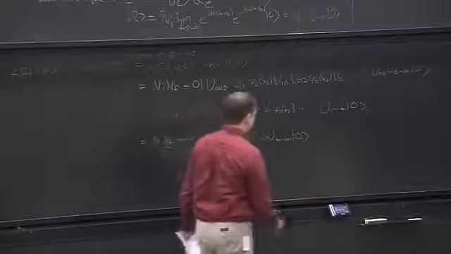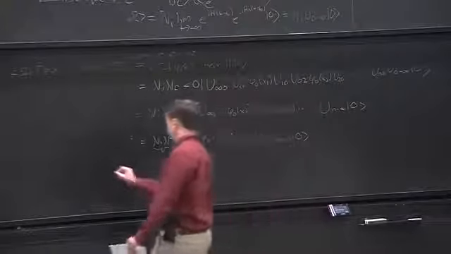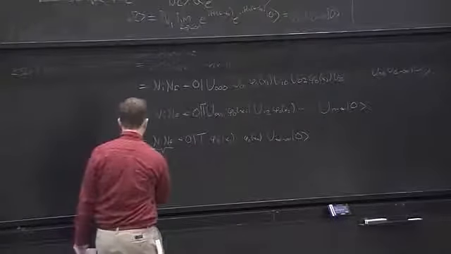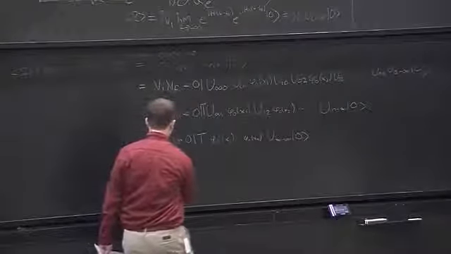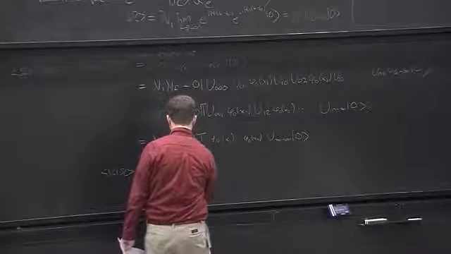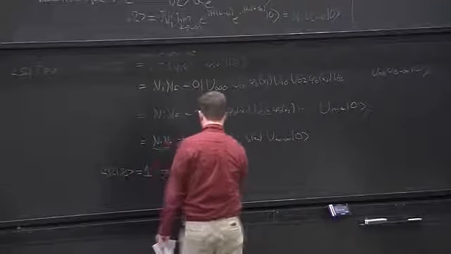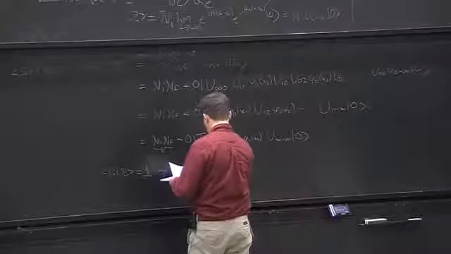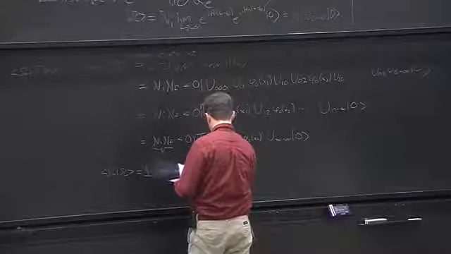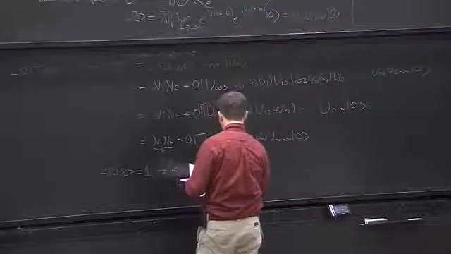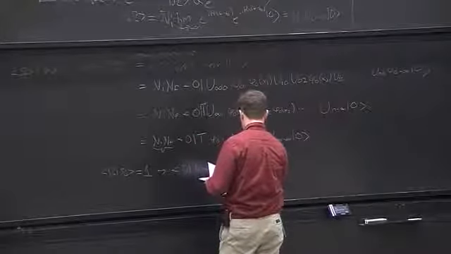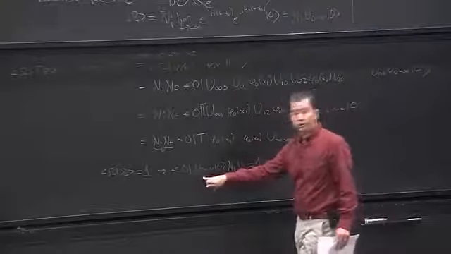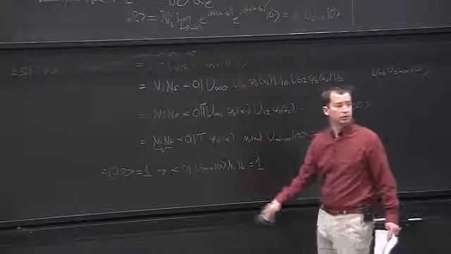So if we demand that our vacuum is unit normalized, that tells us that ⟨0| U(∞, −∞)|0⟩ times N is equal to 1. So N is 1 over ⟨0|U(∞, −∞)|0⟩.